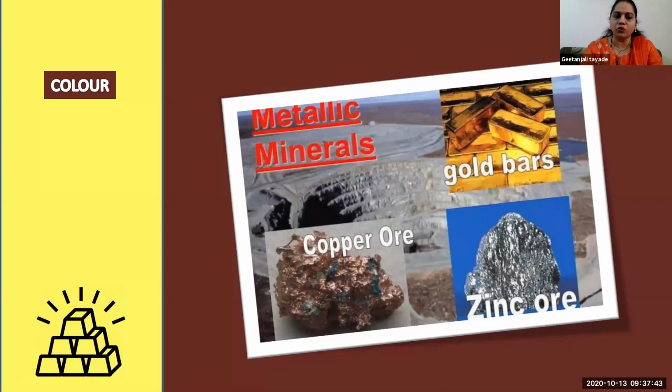The characteristic color is the main property of a substance. By looking at the color, we can identify whether it is made up of copper, gold, zinc, silver or iron, because iron is of dark brown color. So we can easily identify, okay, this is an iron material, like a nail and hammer. And looking at gold, you can easily identify its gold luster, so this ornament is made up of gold.